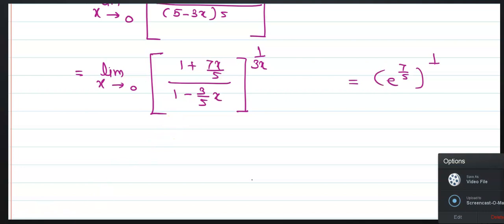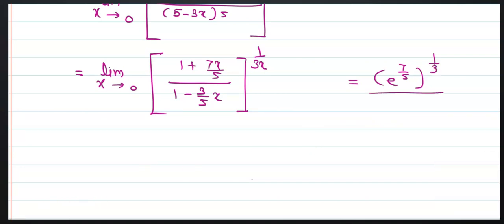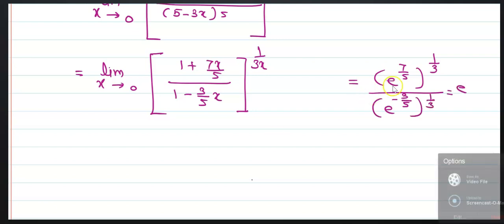The answer of this is directly e raised to 7 by 5, bracket to the power 1 upon 3, and in the denominator e raised to minus 3 by 5, whole bracket to the power 1 upon 3. You can write the answer directly. That is, the coefficient of x is here 7 upon 5, bracket to the power 1 upon 3, e raised to minus 3 by 5, bracket to the power 1 upon 3, and then simplify.